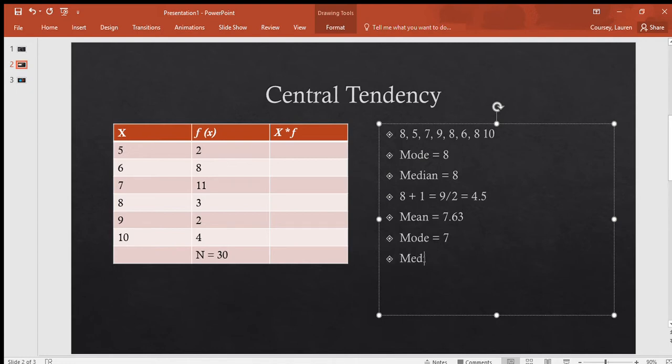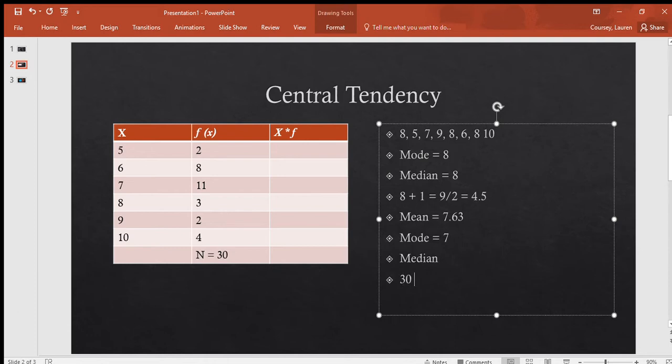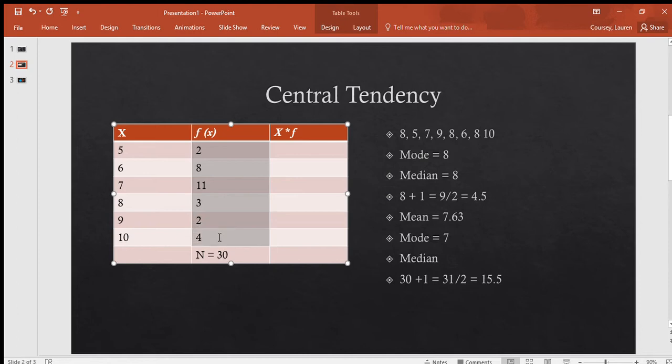For my median, I want to determine, well, what is the middlemost position? So I would take my n of 30 plus 1, which would give us 31, divided by 2, which would give us a middlemost position of 15.5. So I want to go down my frequency column again to determine where that middlemost position is.